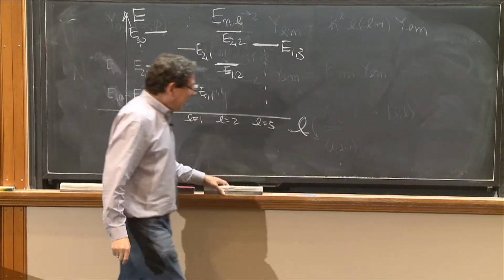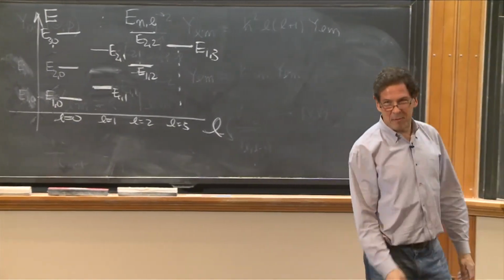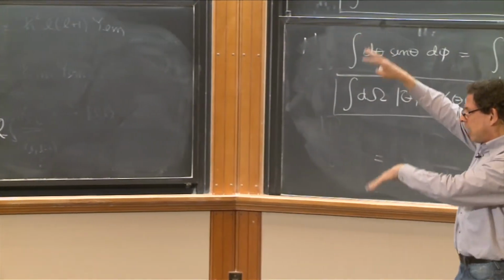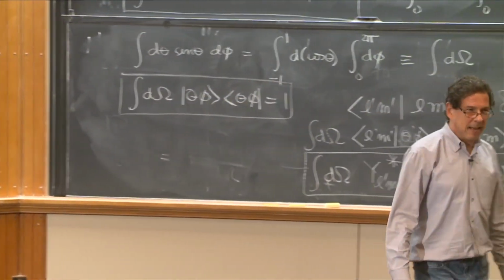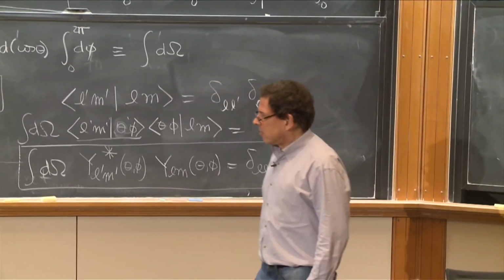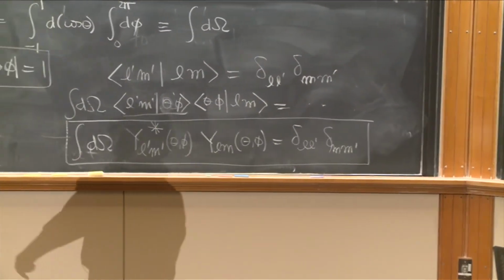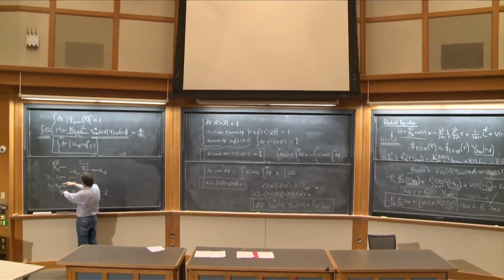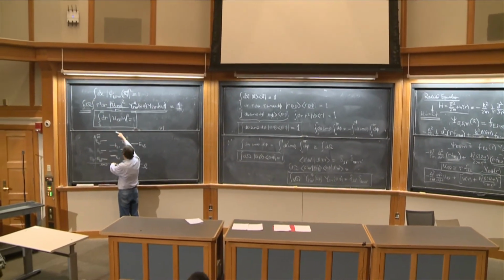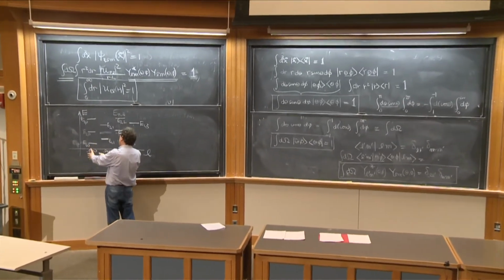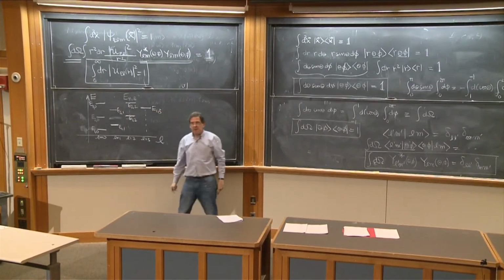But this is the answer to your problem. That's the energy levels of a central potential. So it's a nice little diagram in which you put a little line wherever you find a state, and for L equals 0, you have those states.